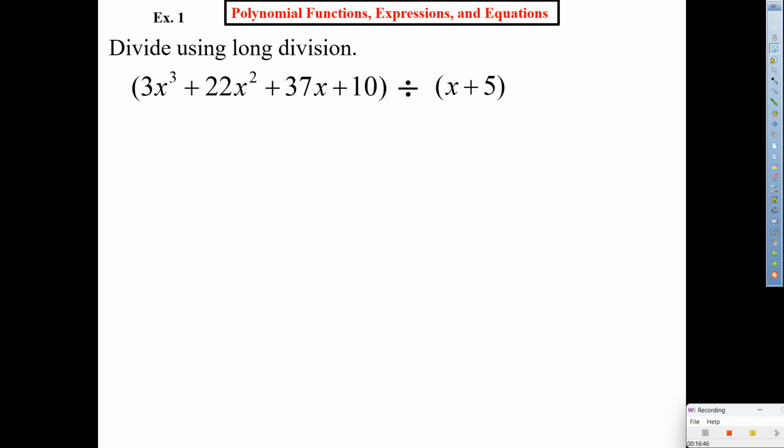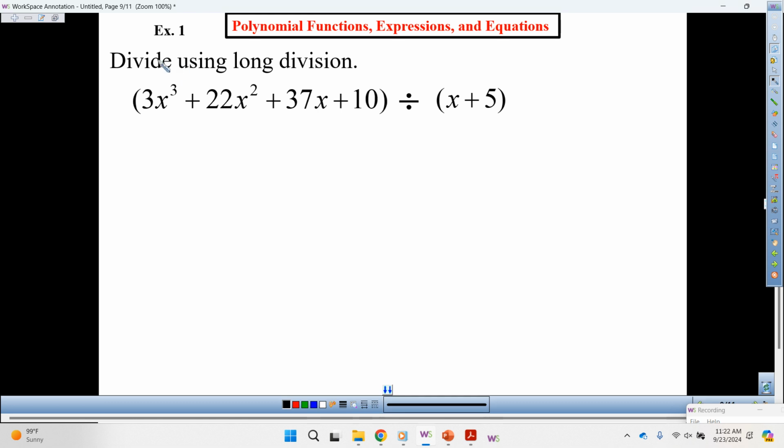Step 1. What do we check with any polynomial? Tell your neighbor. See if they remember. What do we check first with any polynomial? Gabriel, go. Standard form. Is it in standard form? Let's double check. 3, 2, 1, 0. Yes.